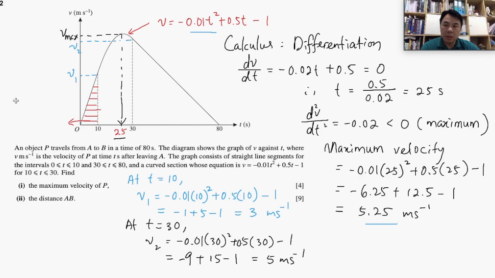So I'm going to say distance S1 first. How do I find the distance? It's quite direct, which is half times 10, and then multiply by the height, which we already found out, which is 3 in this case. So therefore, we have 15 meters.